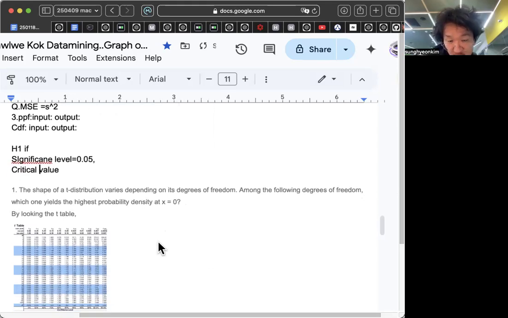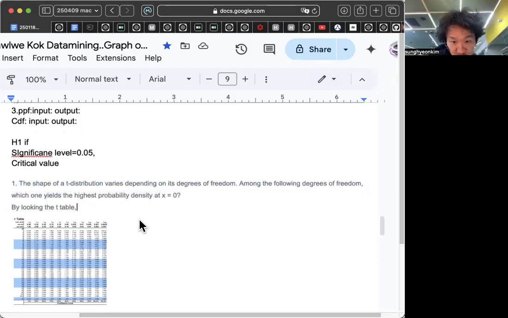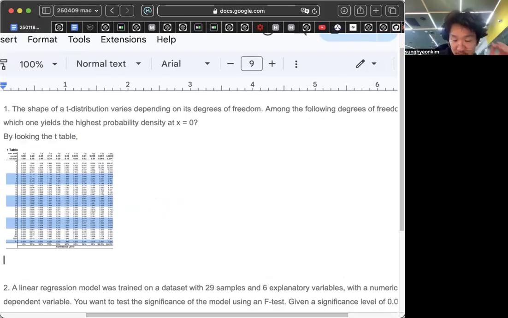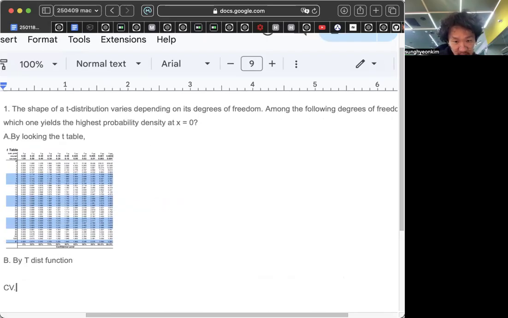For the first problem, the shape of the t distribution varies depending on its degrees of freedom. Among the following degrees of freedom, which one yields the highest probability density at x equals 0? I tried to do it by looking at the t table and the t distribution function, but actually the most intuitive answer is this: if the degrees of freedom go to infinity, it follows a normal distribution.